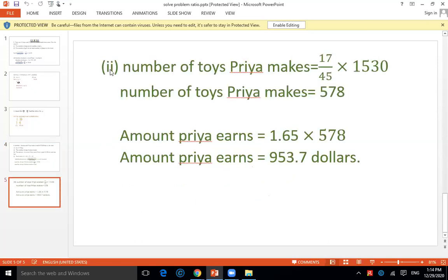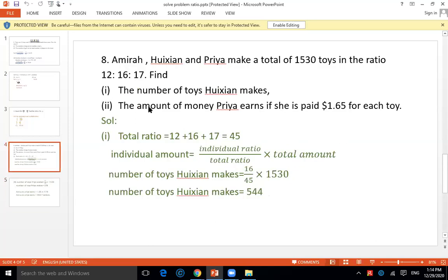Now in the next step, in part 2, the question says to find the amount of money Priya earns if she is paid 1.65 for each toy. Okay. First of all, we need to find the value for each toy.